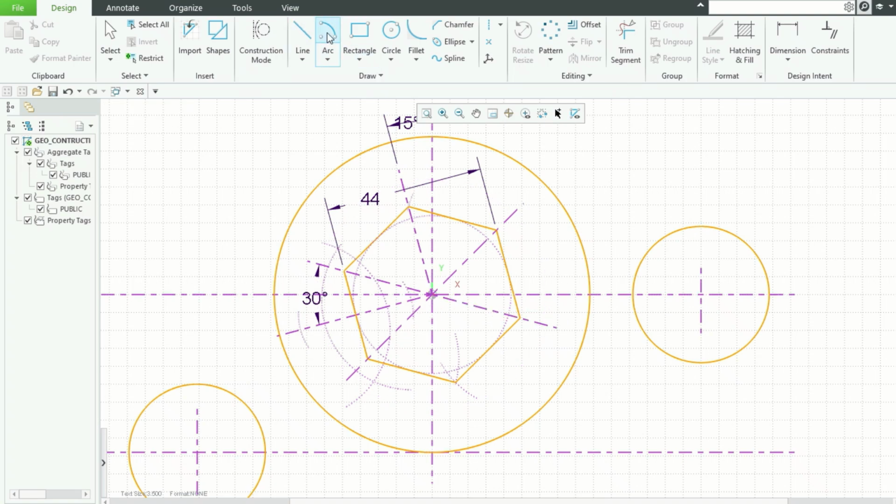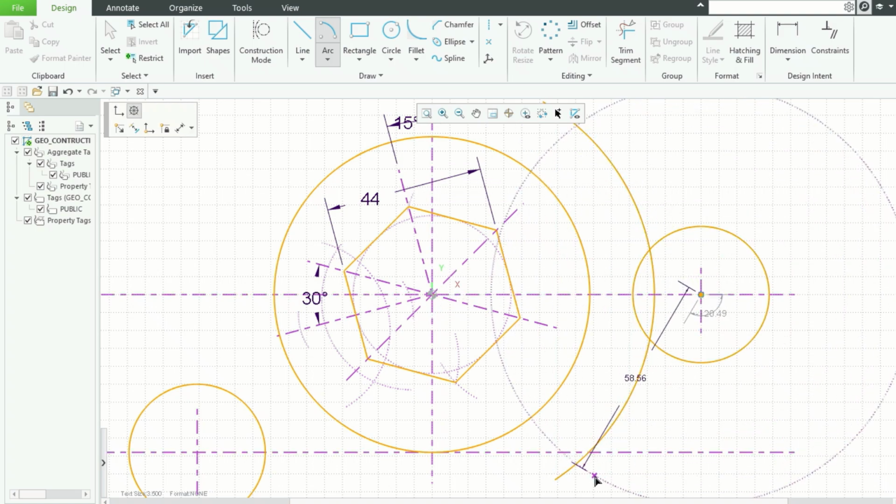Let's draw an arc from this center point at 62, and let it go from somewhere here to there. And at the same radius 62, let's intersect.